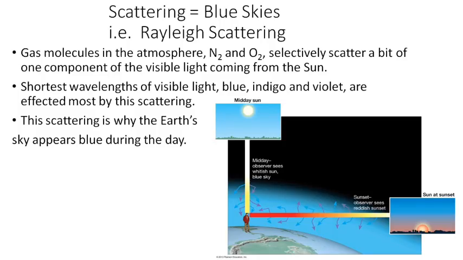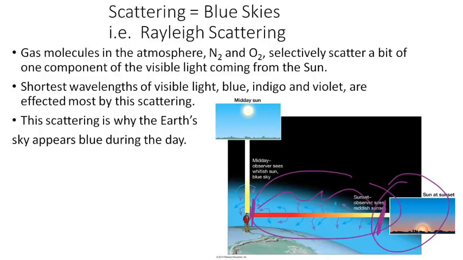I know this is kind of highly irregular, but we have the sun over here, and notice that the amount of atmosphere that the sun has to go through is this big, because the sun is at a very low angle. This is the angle of the sun.